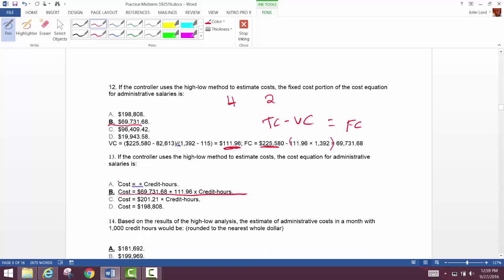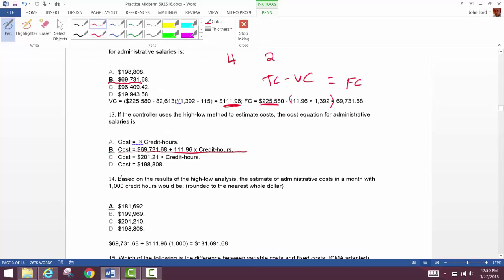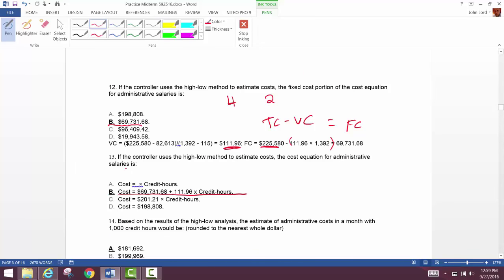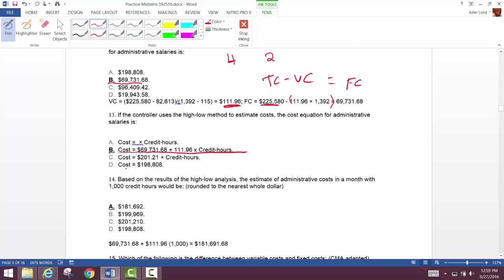Okay, and then that made the next question pretty easy, number 14, in that they say if it's 1,000 credit hours, what would be the total cost? We would do what? We would take the fixed cost plus the variable cost per unit times the number of units they told us here, right?